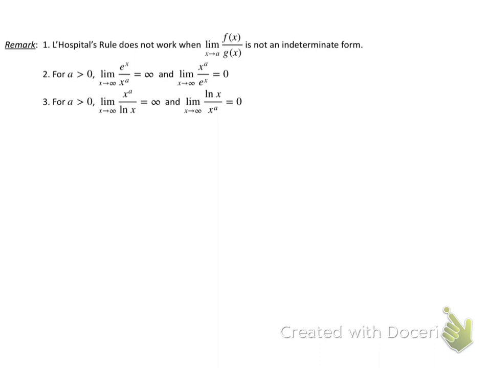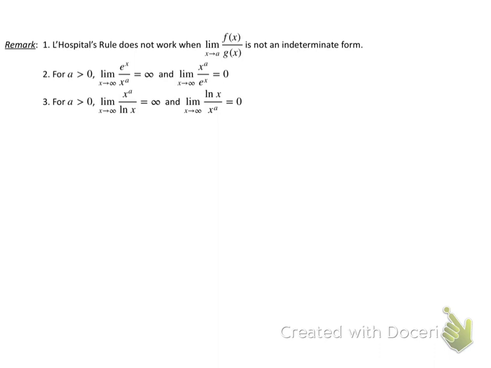Also, for any positive real number a, remark 2 is telling you that as x approaches infinity, e to the x, the exponential function, grows faster than powers. That's why when they try to say something grows so fast, they say it grows exponentially, because it does grow faster than powers.